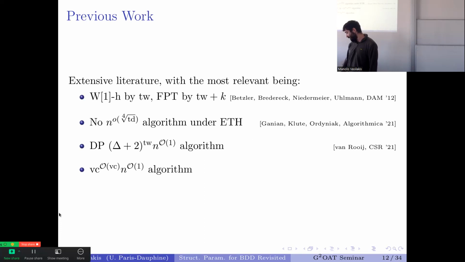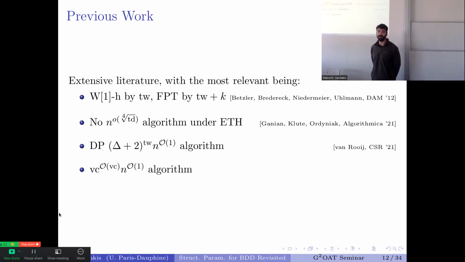What we know about this problem is a lot, but the most relevant is that it is W1-hard by tree width. It becomes FPT by tree width plus k, where k is the budget, the size of the deletion set. Then there was this paper, this is the full version; I think the conference version was from 2018 or so, where they proved that the problem is W1-hard parameterized by distance to trees of height 3 or something like that.